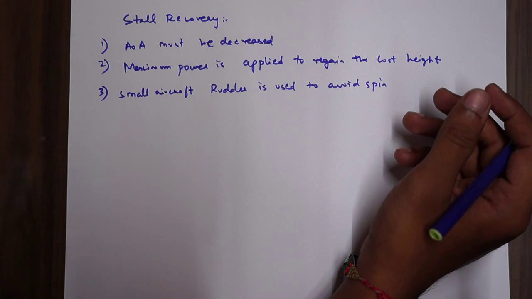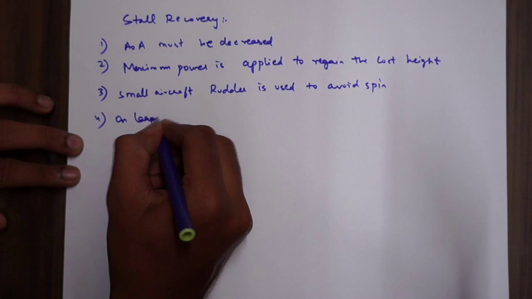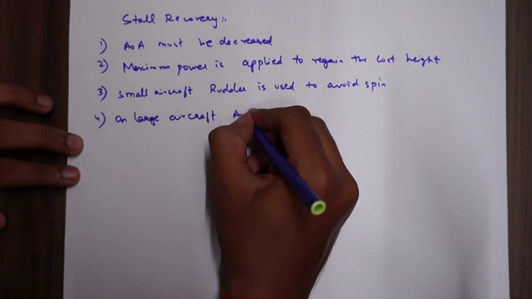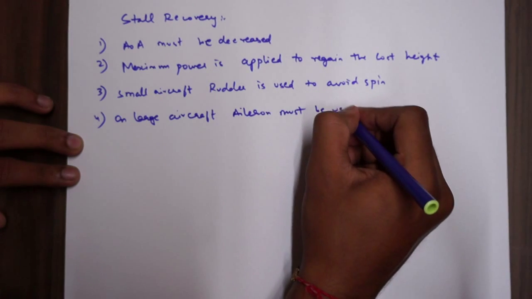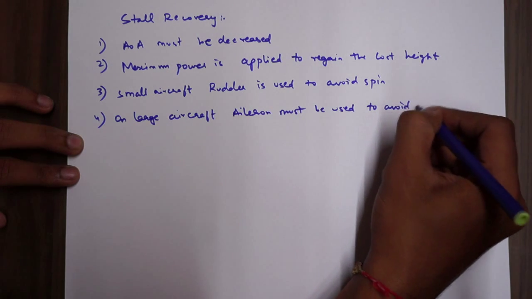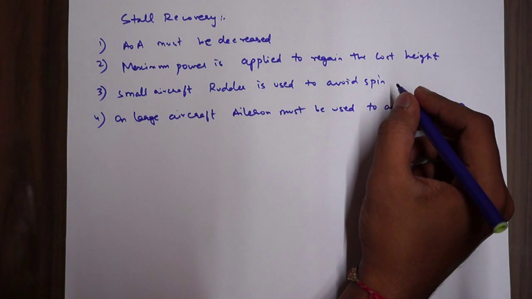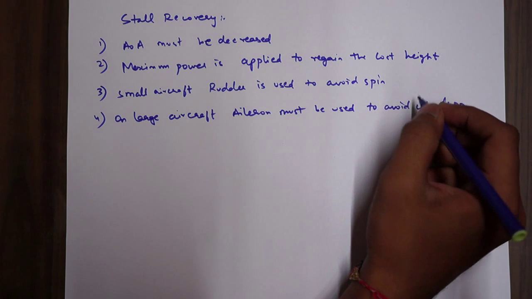And on large aircraft, aileron must be used to avoid wing drop. This wing drop and spin we shall be discussing soon, so what exactly spin and wing drop is we'll be discussing.